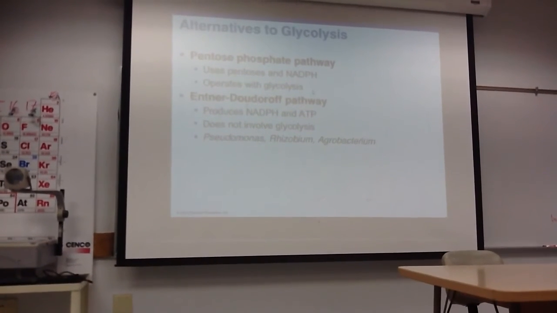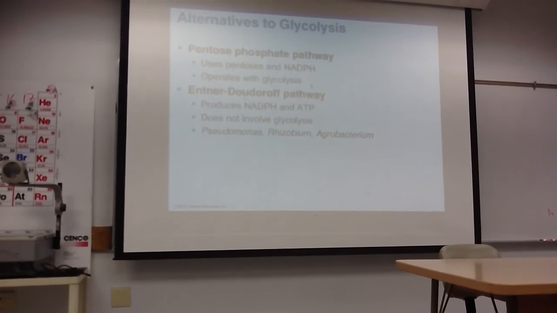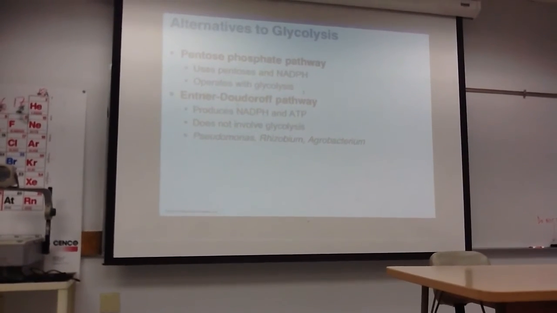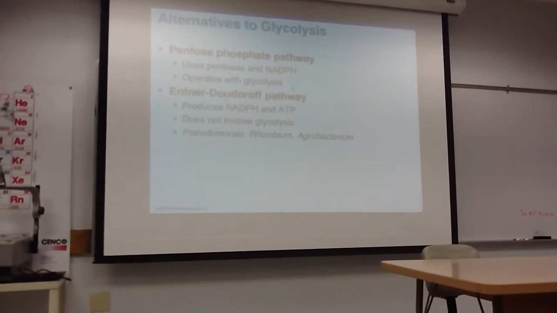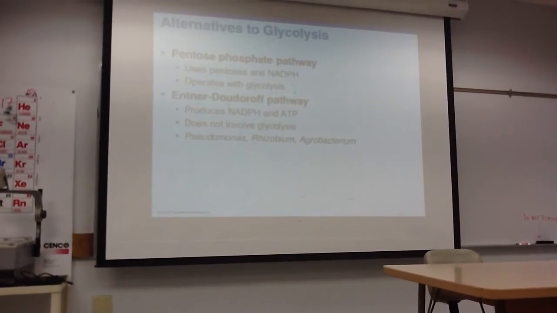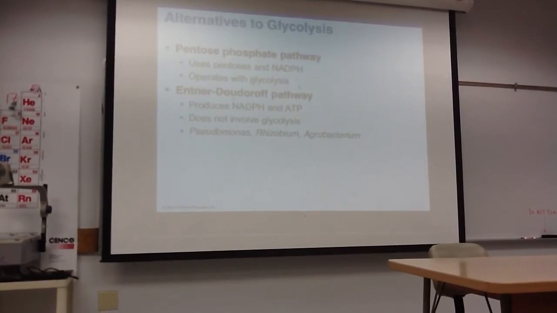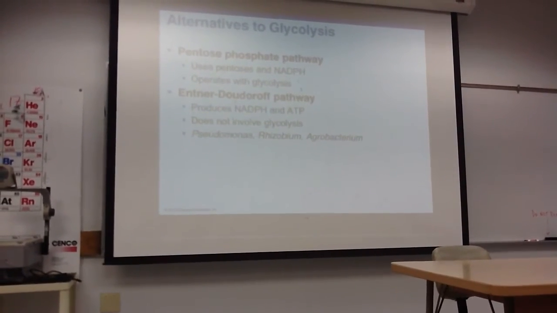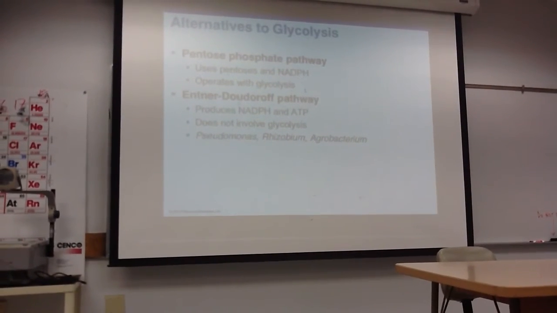There are sugar alcohols like mannitol, sorbitol. So you can break down all of those. So the pentose phosphate pathway is going to break down pentose. Then there's the Entner-Doudoroff, and you're going to make ATP. You're going to make electron carriers, but you're not going to do glycolysis. Like the first one's glycolysis, but using a 5-carbon sugar. The second one isn't.